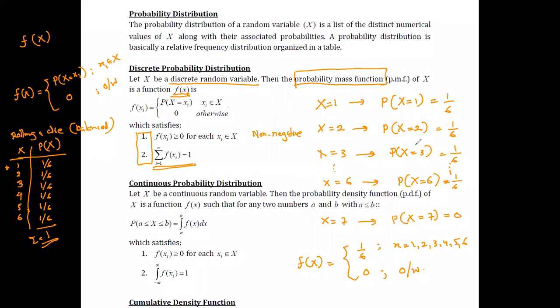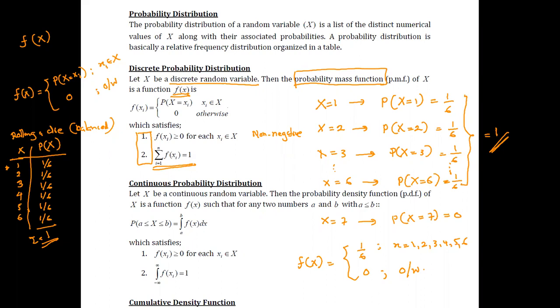Obtaining 1 is 1 over 6, obtaining 2 is 1 over 6, likewise obtaining 6 is 1 over 6. If you take the summation of all these 6 values, it should be exactly equal to 1. This is the second condition that any valid probability mass function has to satisfy.